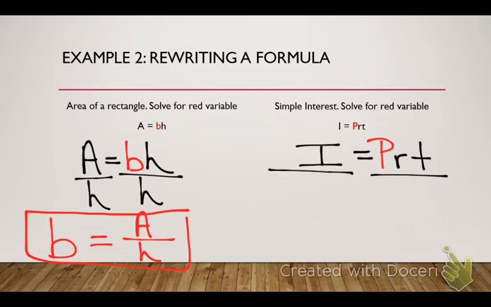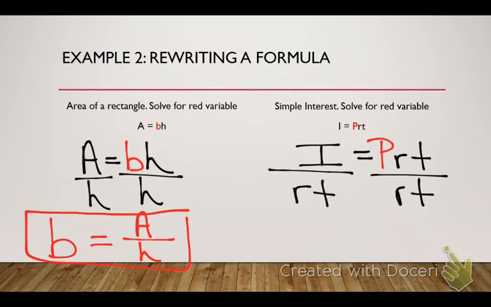What am I dividing both sides by to solve for P? Okay. If it's different operations, we have to do it in 2 steps. But because it's all multiplication, I'm going to need to divide by what? What will I be dividing by for I equals PRT to solve for P? Sarah?